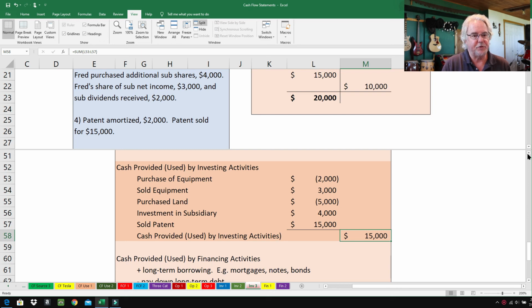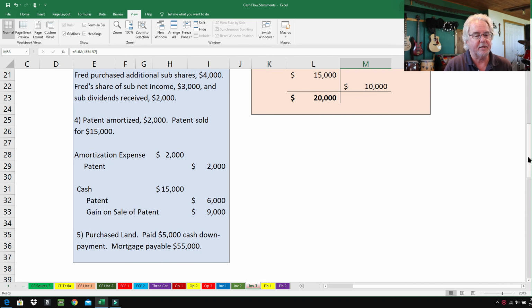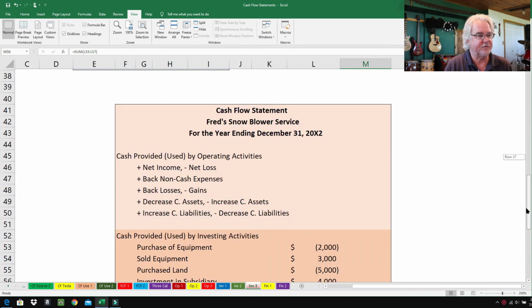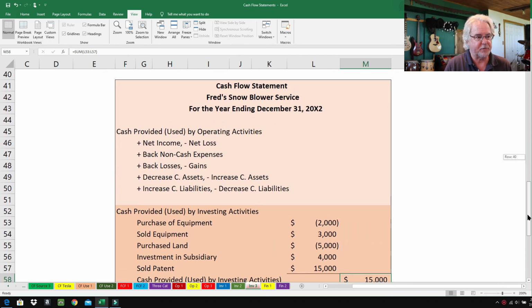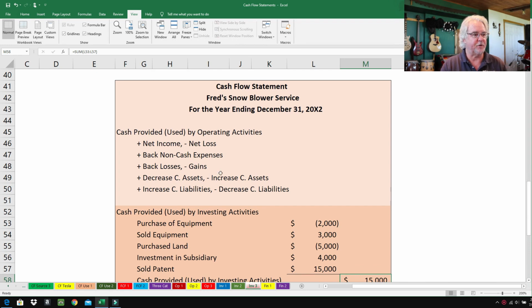Now, just as a review, and I'll get rid of this split here, coming back down to this cash flow statement. Just as a review, cash flow statements have three categories. They've got cash provided used by operating activities. What you do there is either add net income, subtract net loss, add back non-cash expenses, add back losses, subtract out gains.